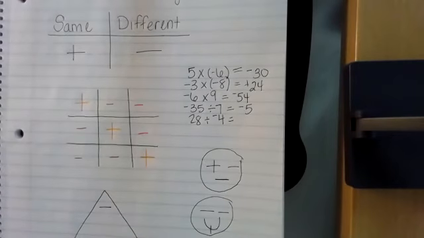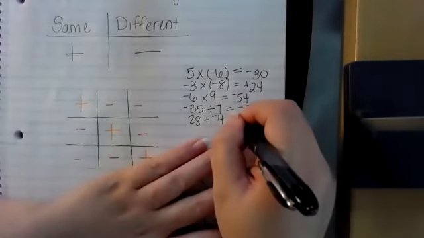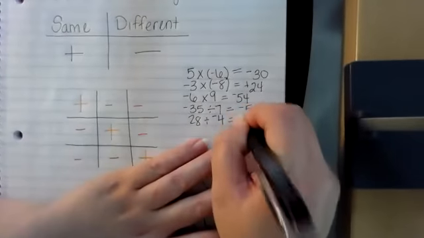Raise your hand. Home people. Let's see. Cooper, you think you can help me? -7. What kind of 7? -7. Awesome.